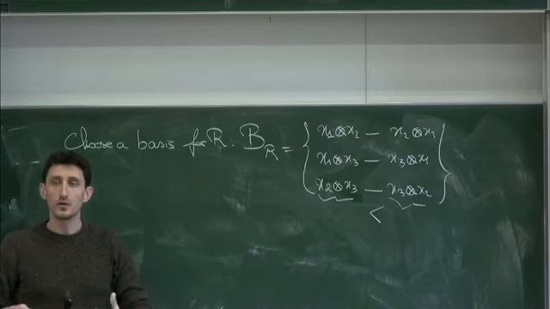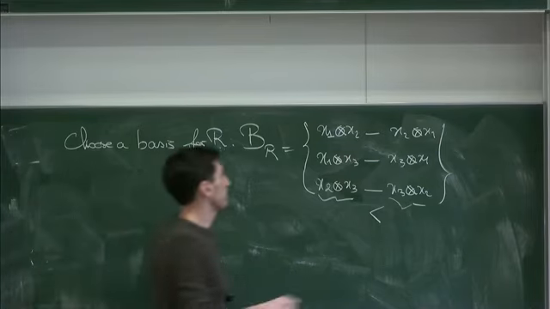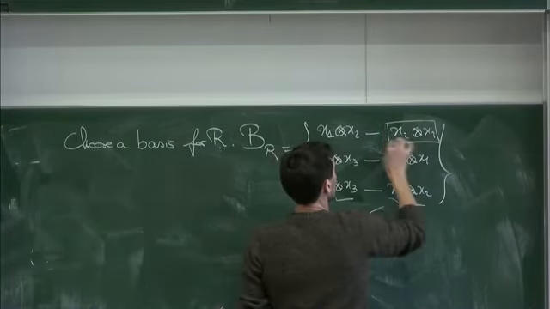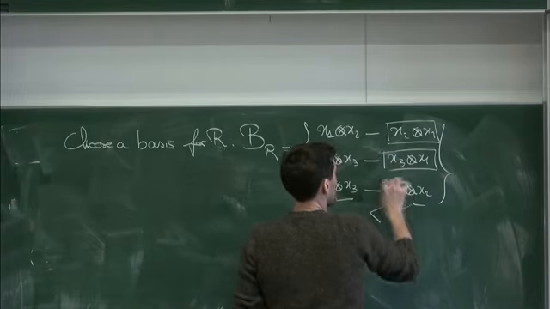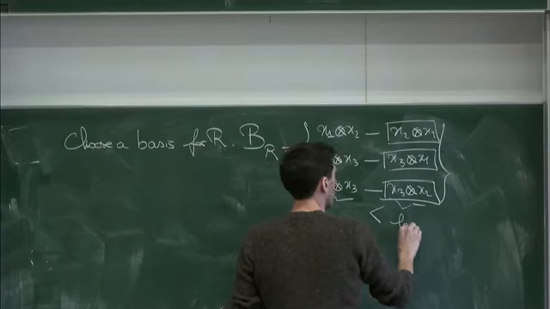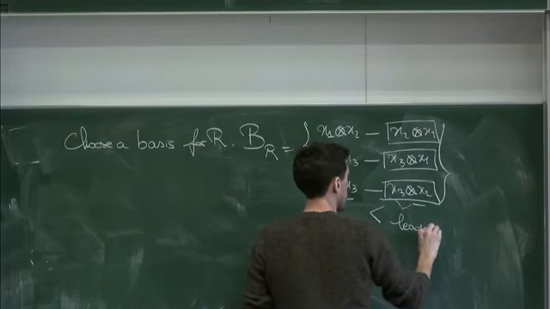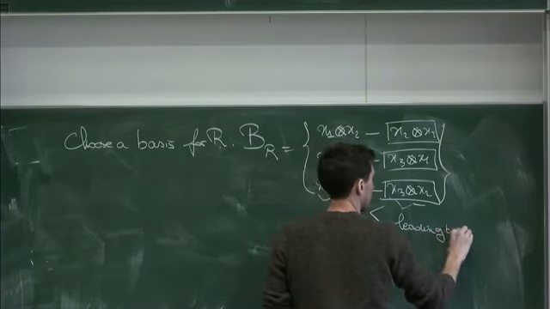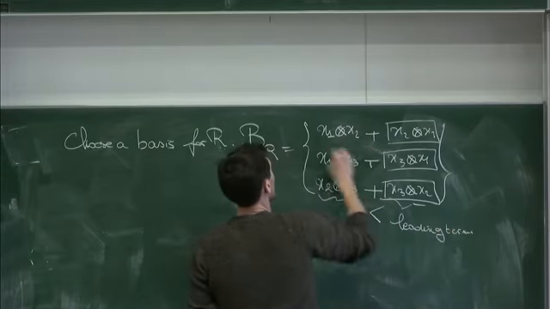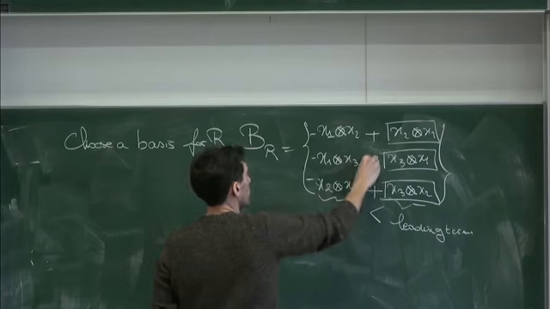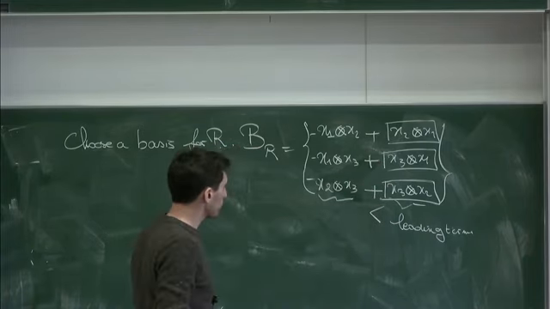So I want to choose a basis such that the first term here is always what we call a leading term, that is, greater than all the other ones. Actually, what I want is a 1 here, 1, 1, 1.